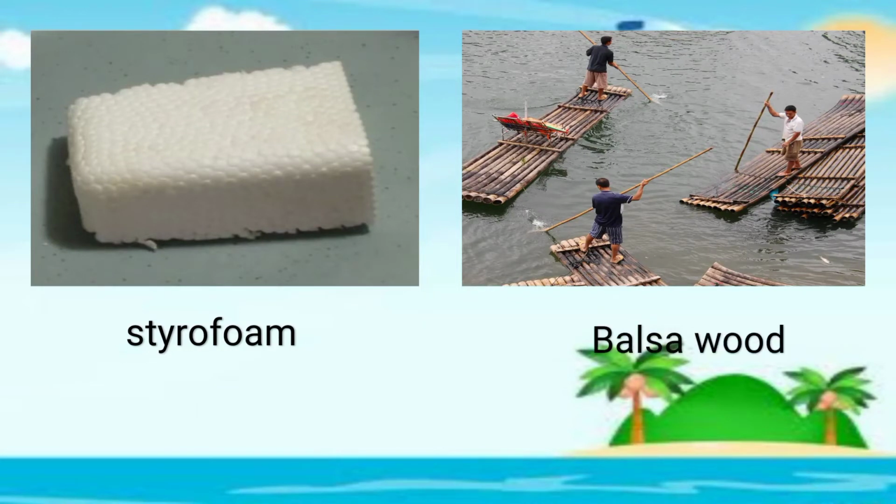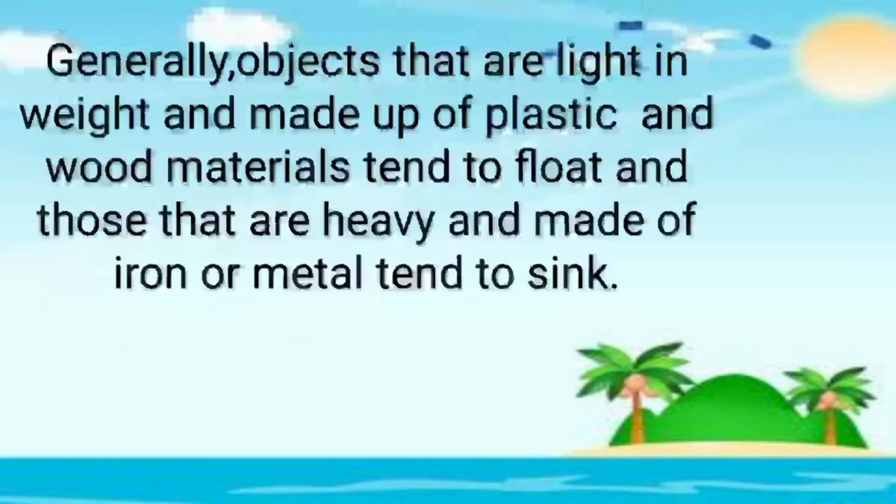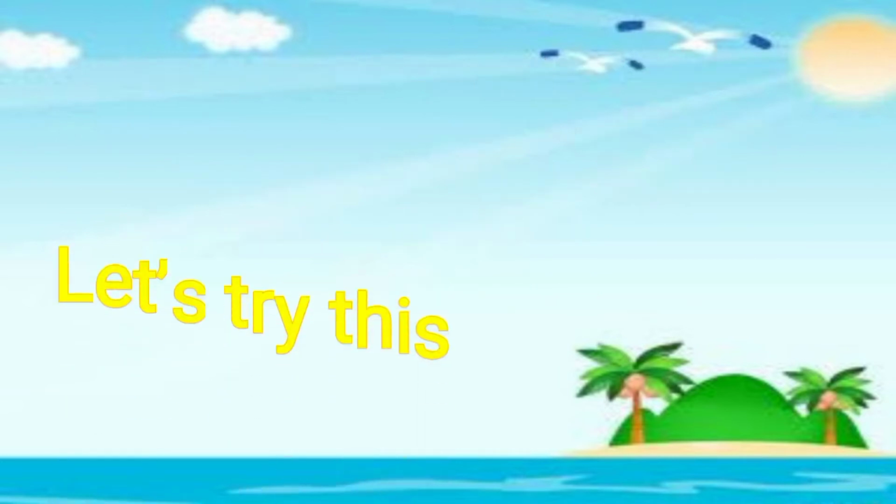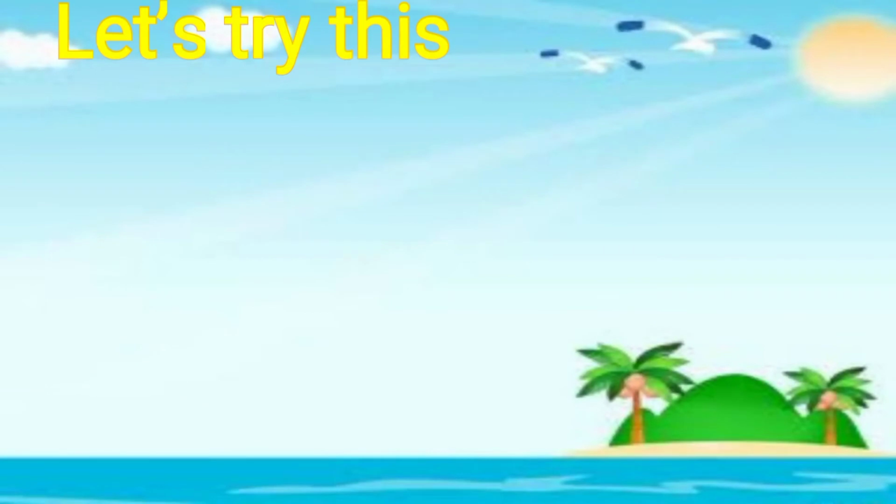No matter how big they are, they always float in the water. Generally, remember that objects that are light in weight and made of plastic and wood tend to float, and those that are heavy and made of iron or metal tend to sink. Always remember that, class.